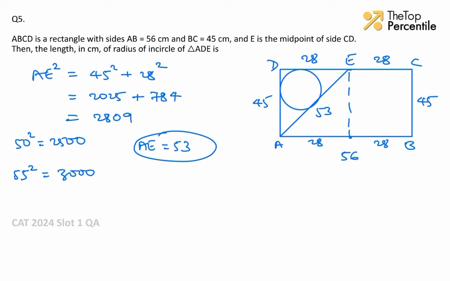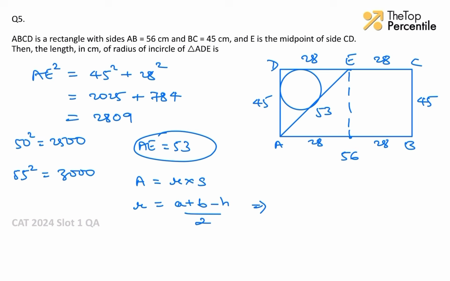Now there are two ways to find the inradius. You should know these formulas. One is area is inradius into semi-perimeter of the triangle. The other formula is the radius is first side plus second side minus hypotenuse by 2. So I'll use this formula.